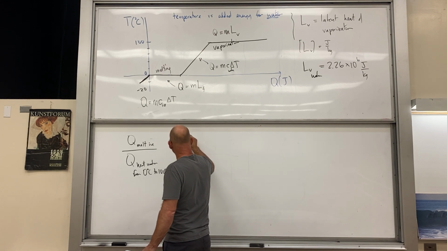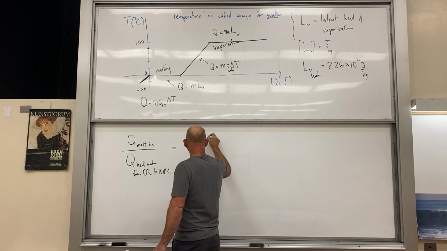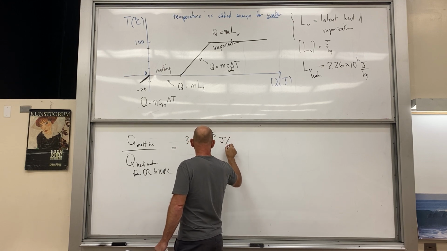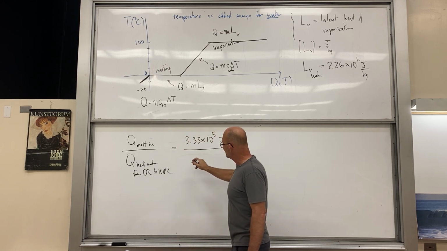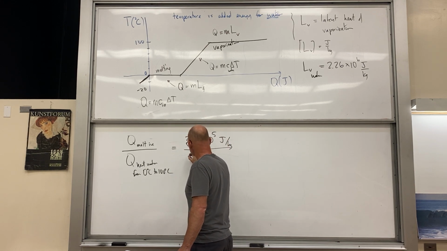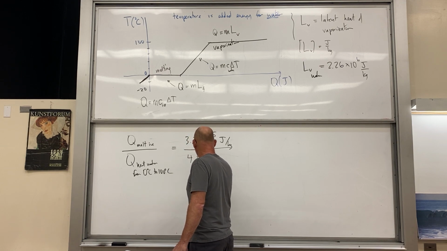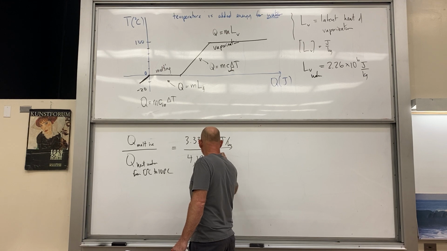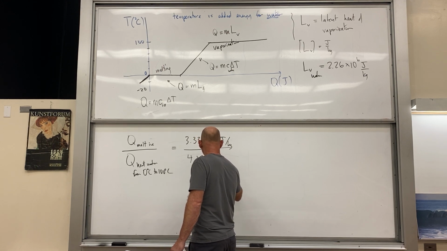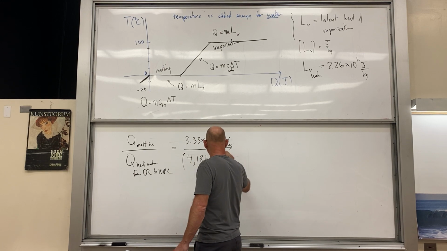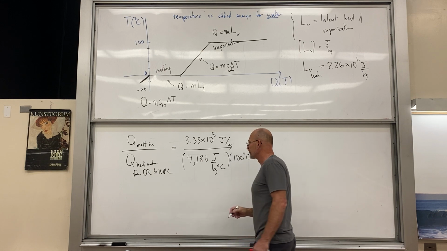Now this one is 3.33 times 10 to the 5 joules per kilogram. And this one here is 4,186 joules per kilogram degrees Celsius times 100 degrees Celsius.